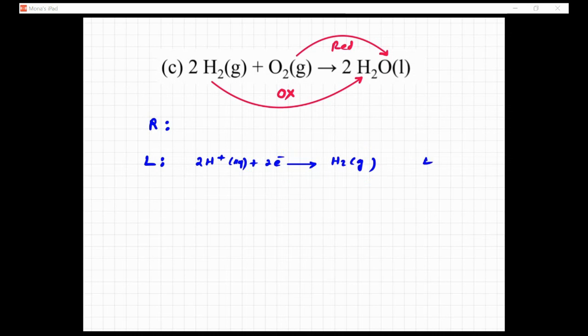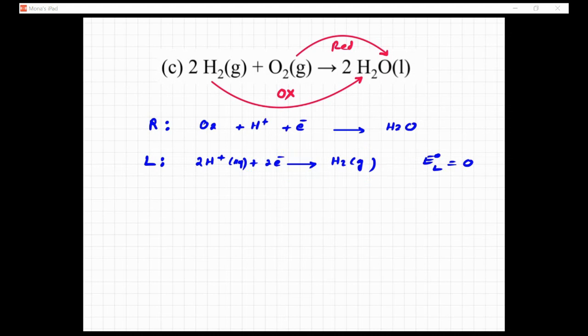And of course the E° here on the left is equal to 0, just the standard hydrogen electrode. Anyway, on the right, what do I have? I have O2, and I will have H+, and I must have electrons to get H2O.